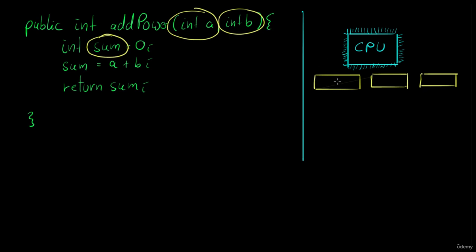In this case, for example, this register can hold the variable a, this one holds the variable b, and this one holds the variable sum. If you're talking about smartphones, we are most likely having an ARM architecture. And an ARM architecture has registers named R0, R1, R2, R3, and also some other registers like the program counter, for example.